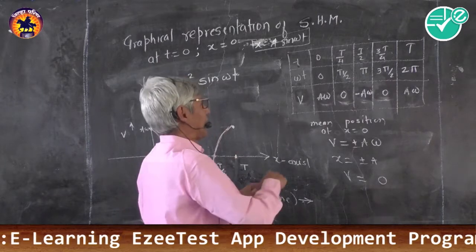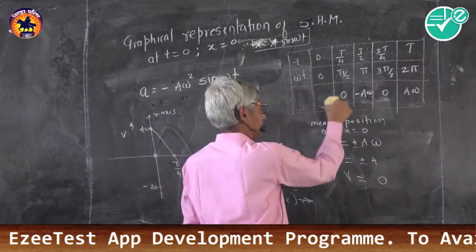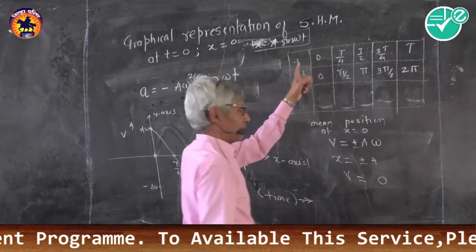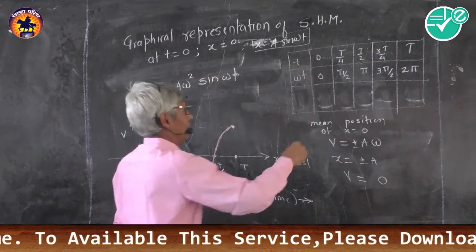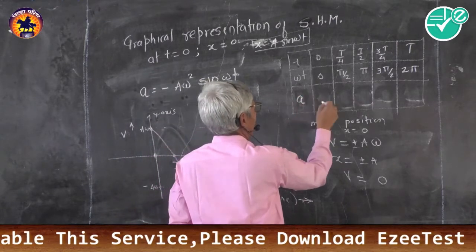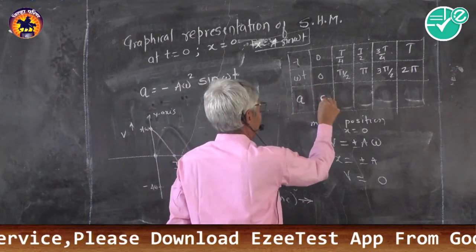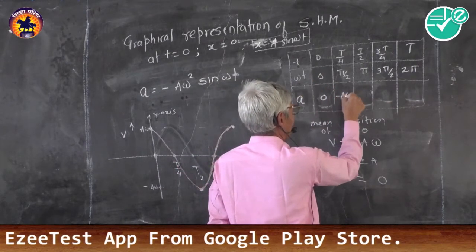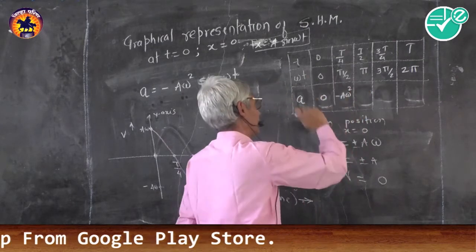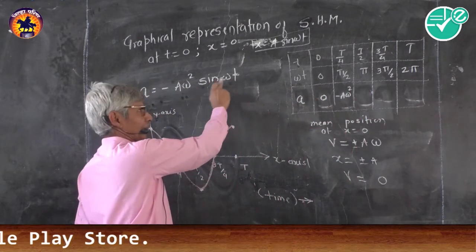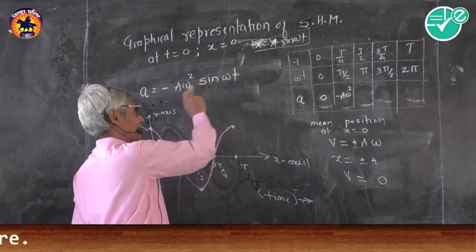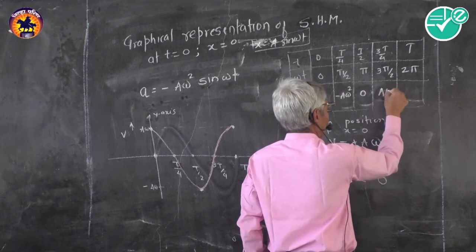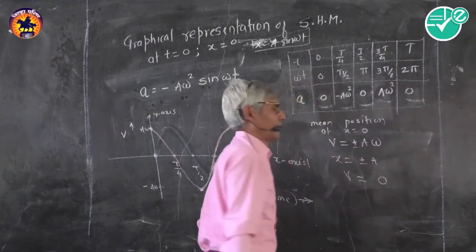The different values of the acceleration at different instants can be calculated by putting the different values of t in this equation. Acceleration will be 0 for omega t equal to 0. It is minus a omega square for pi by 2, since sin pi by 2 is plus 1. So the values are 0, minus a omega square, 0, a omega square, 0.